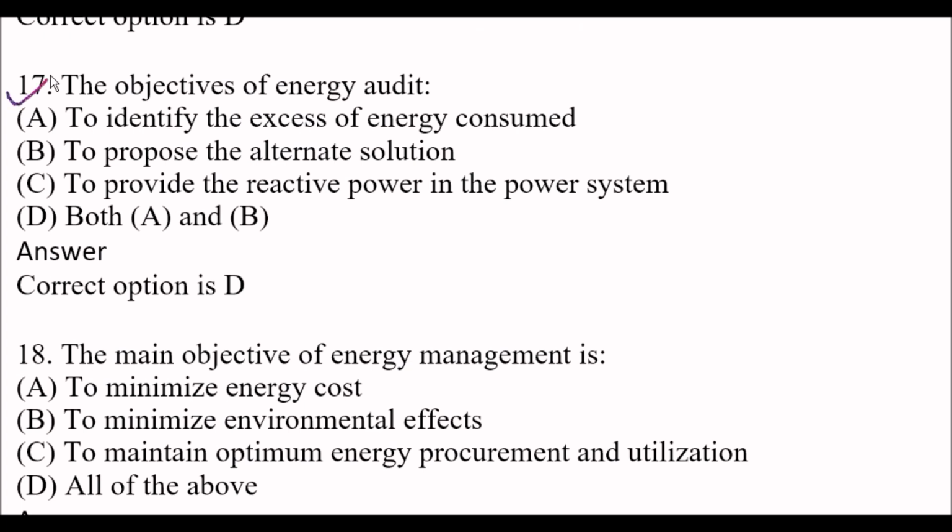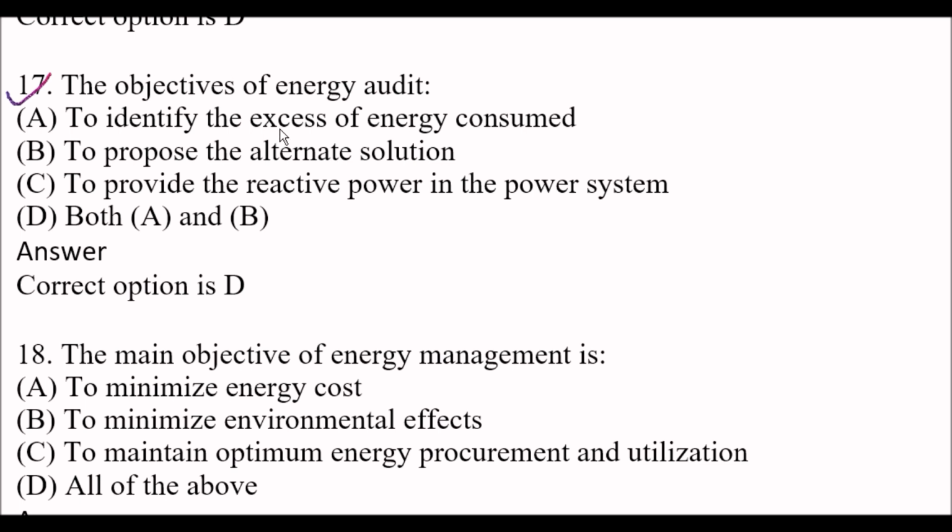Okay, next question is, the objectives of energy audit. Option A, to identify the excess of energy consumed. Option B, to propose the alternate solution. Option C, to provide the reactive power in the power system.